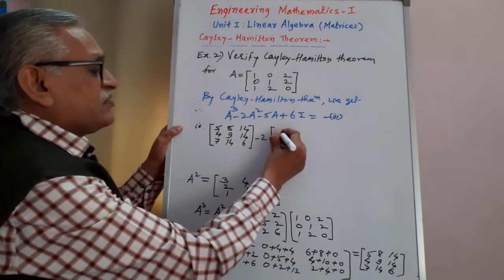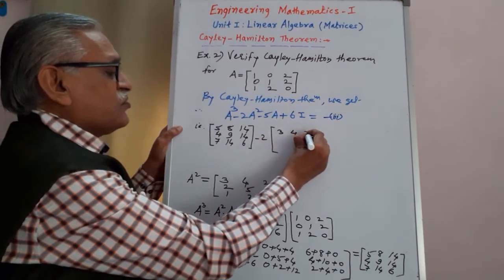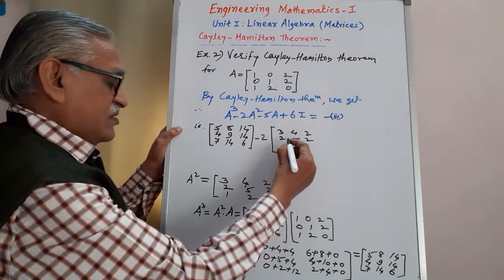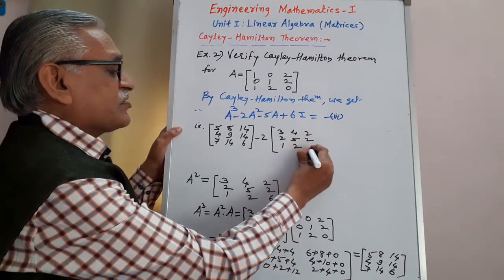That A square matrix is 3, 4, 2, 2, 5, 2, 1, 2, 6.